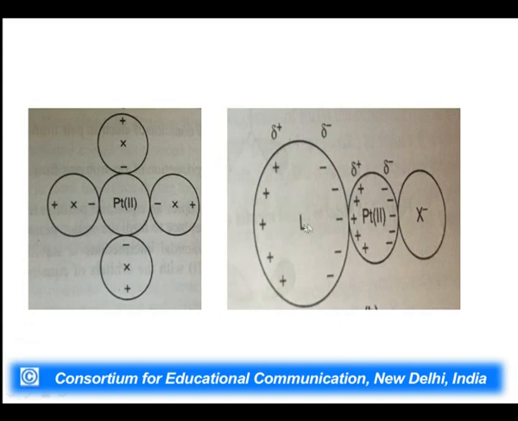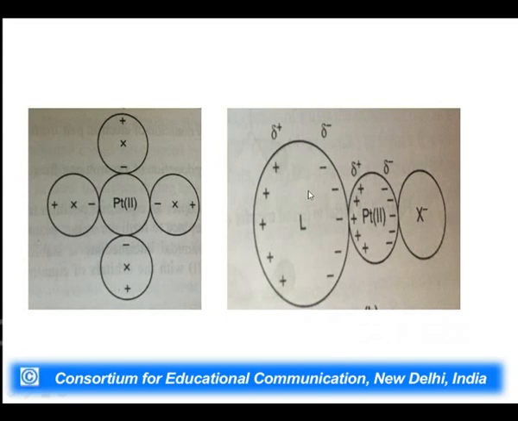As a result, in the case of a polarizable ligand, there will be separation of charge, that is delta negative on the side of the platinum and delta positive on the other side.